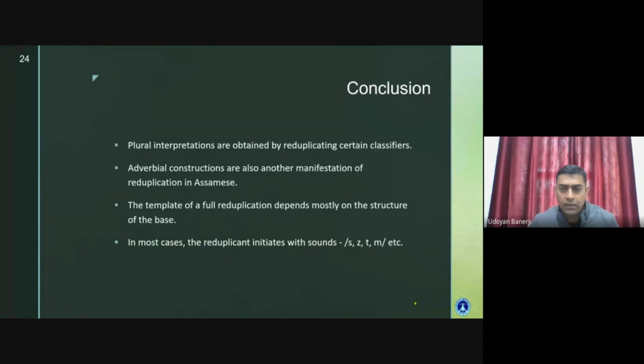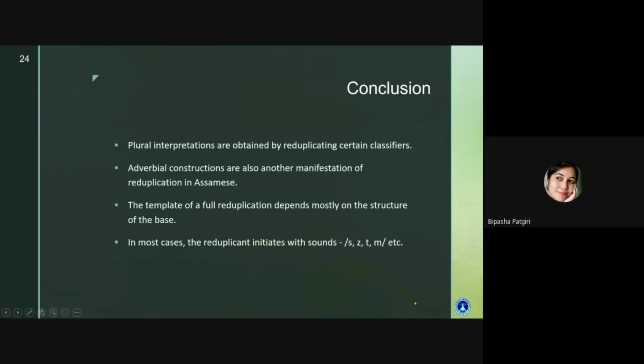So these are certain conclusions that we have drawn on the basis of the preliminary studies. Plural interpretations can be obtained by reduplicating classifiers, but that is with total reduplication, and adverbial constructions are generally made, which is also present in Assamese. This is very common as a cross-linguistic typological feature as well.